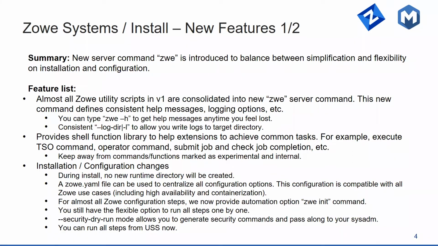So in version 2, you will be able to run every configuration from USS. You don't need to switch back to TN3270 except when it's required, for example, when you need to run security, you don't have permission, and someone else runs it for you. So everything should be accessible from USS.